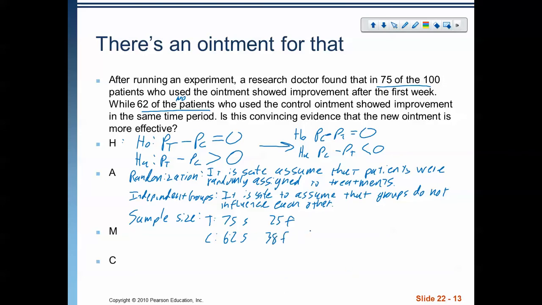Then we would say both treatment and control had more than 10 successes and failures. So the sample size is large enough.